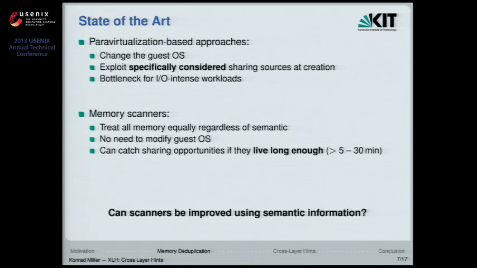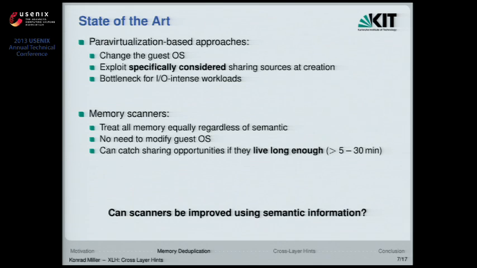So the state of the art when we started this project was that on the one side there were the para-virtualized approaches that did a very good job in deduplicating specifically considered sharing opportunities if there was no I/O pressure, and if it is possible to change the guest OS. And there were memory scanners that treat all memory equally regardless of semantic, and there is no need to modify the guest OS, but you can only share pages that live long enough.